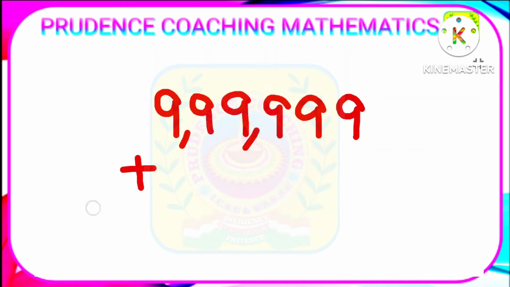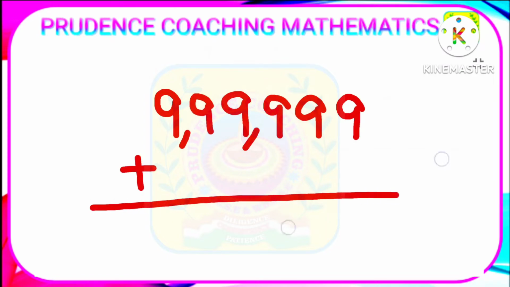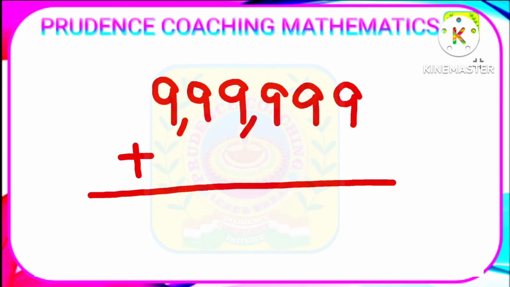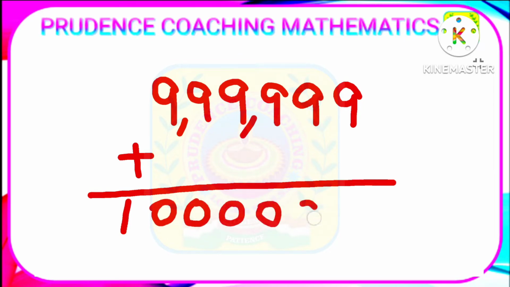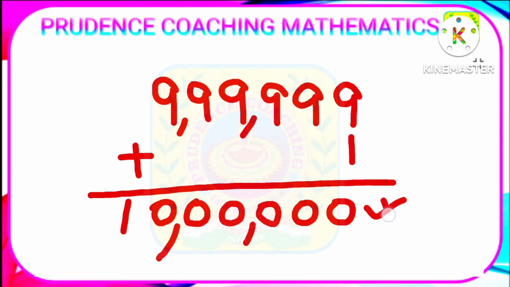Plus what you need to add so that you get the smallest 7-digit number, that is 1 time 1 and 6 times 0. So this is the number, that is 10 lakh. So 9,99,999 plus 1, if you add, then you will get this number.